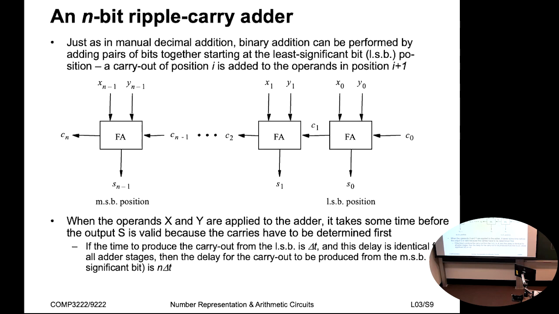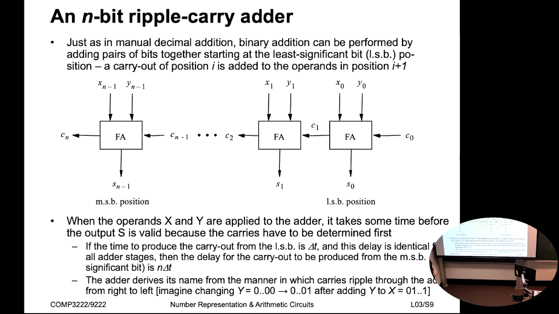Or rather out of this stage. And it's only at that point in time that we can compute all of the sums. So only when you receive the carry can the final value of the sum, the actual value of the sum, be determined. All right? And so the delay in processing each stage gives rise to the name of the adder. It's called a ripple carry adder.